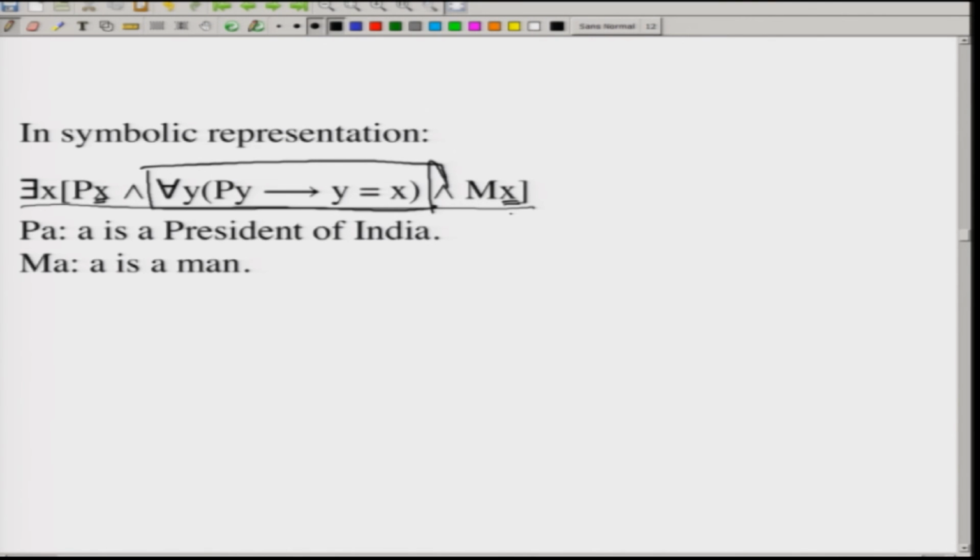So, what do we do about that? We just say that for all x, if x is a President of India, then x is y.